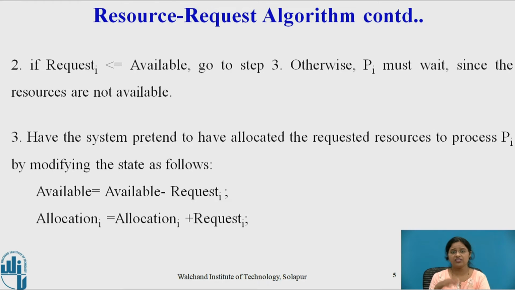Then Allocation equals Allocation plus Request, because along with the previous resources, the new requested resources are allocated to the process. Then Need[i] equals Need[i] minus Request[i]. Again, Need will become less because the request is subtracted. So these changes will be done by the operating system.